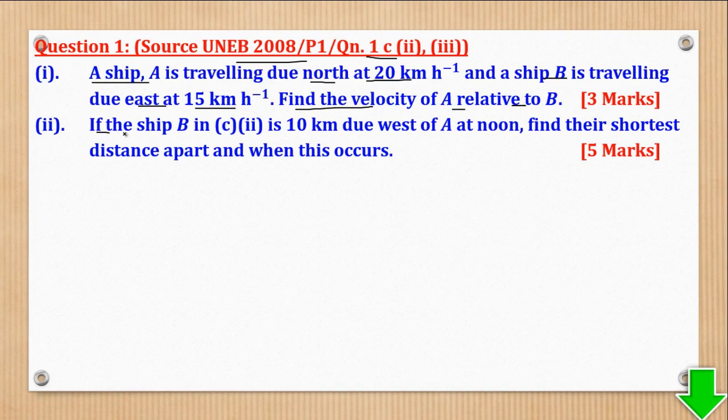Roman 2, if the ship B is 10 kilometers due west of A at noon, find their shortest distance apart and when this occurs.